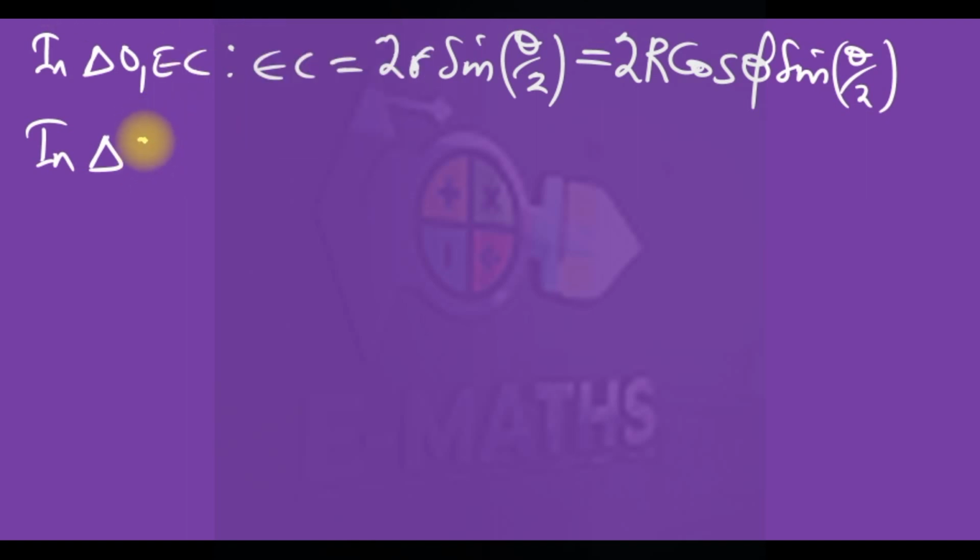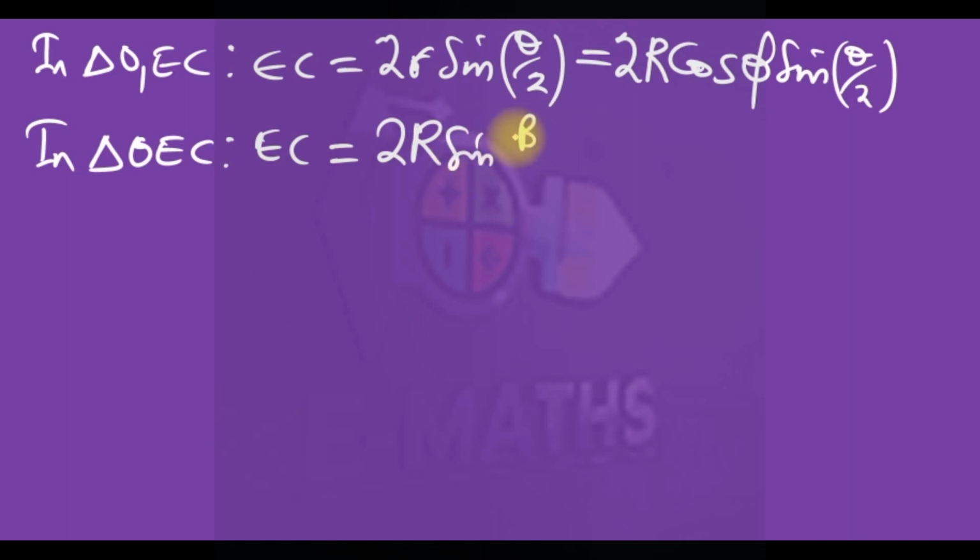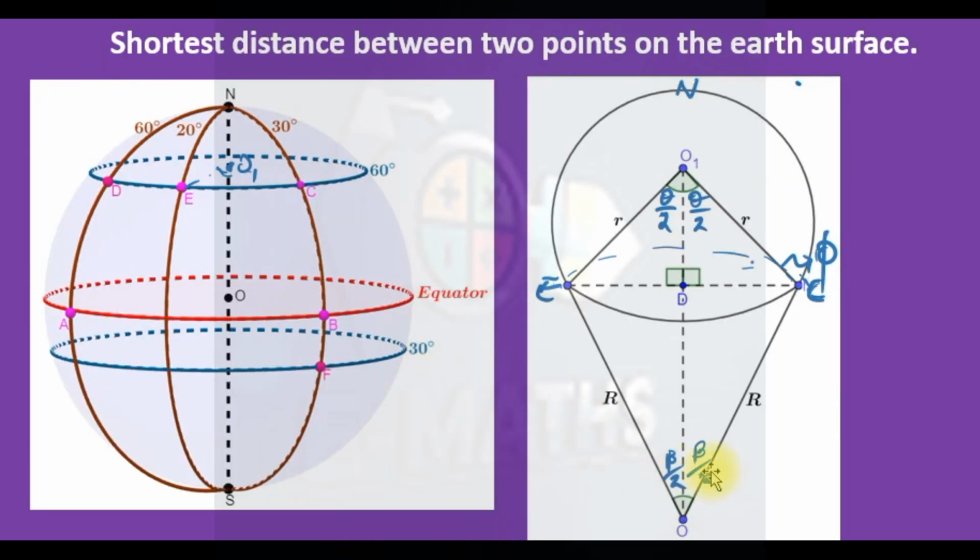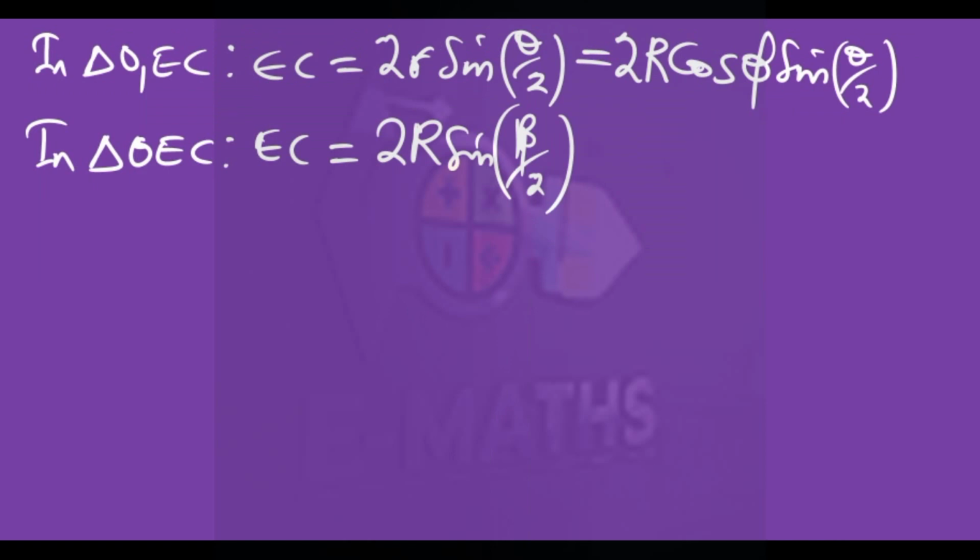So in triangle OEC, we know that EC again is now 2R sine beta over 2. If you could remember from our basic circle geometry. So let's now connect the two.